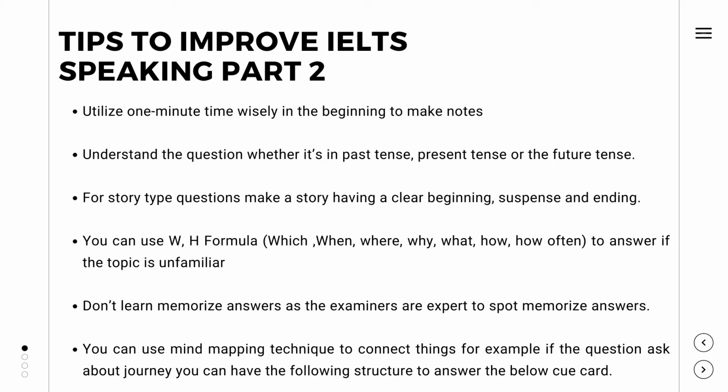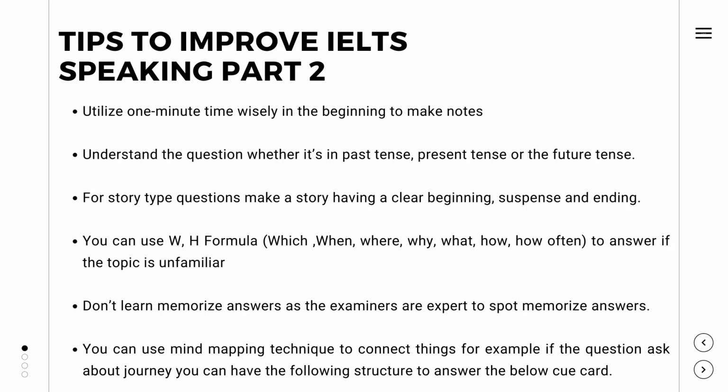He is checking your lexical resource, meaning your vocabulary, also high level vocabulary. He is checking your grammatical range and accuracy, what kind of sentences you are producing while making your speech. Are you using complex sentences or simple sentences? And the last one, he is checking your pronunciation.